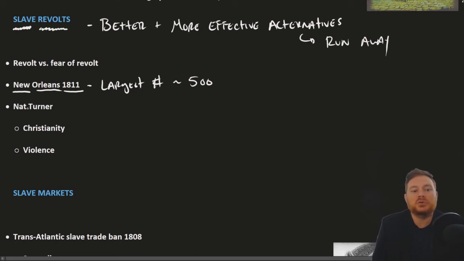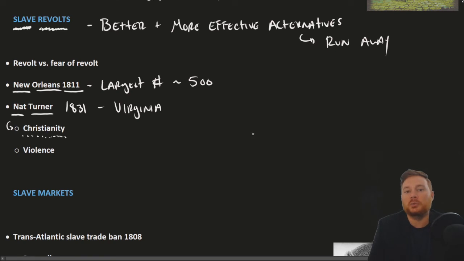By far the most notorious slave uprising was that of Nat Turner in 1831. This took place in Virginia. Nat Turner, who was inspired by Christianity, very much saw the world in terms of black and white, good and evil, and had visions about the end of times, that black angels would battle white angels in the sky. And this was sort of the cause that Nat Turner took up.